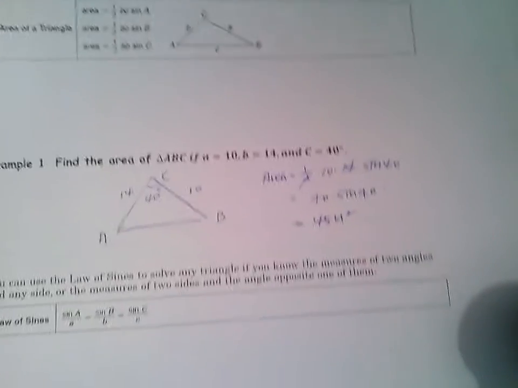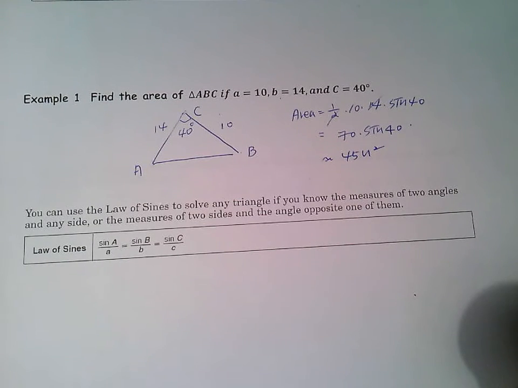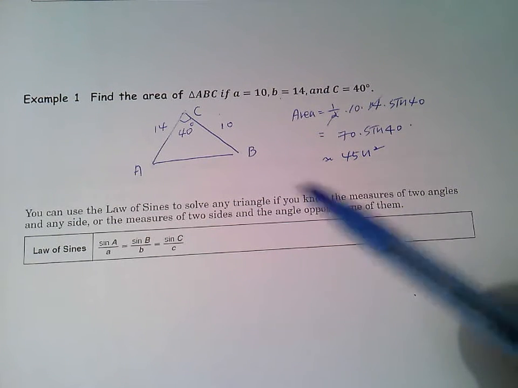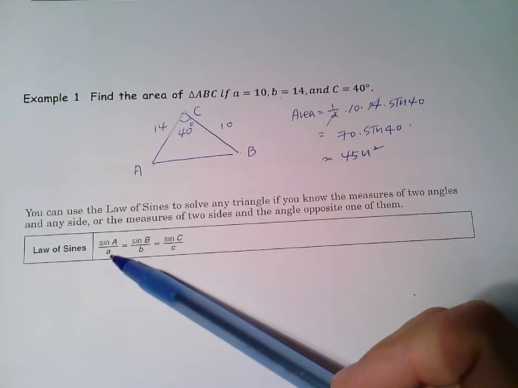Okay? Now, you can use the law of sines to solve any triangle, if you want the measures of two angles and any side, or the measures of two sides and the angle opposite one of them. So what is the law of sines? It is sine of A over a.